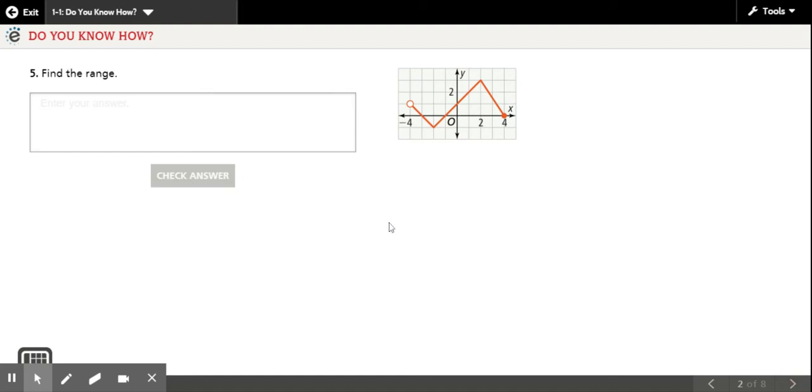Find the range. Well, it goes from the bottom, -1 of a y value, and the top would be a y value of 3. They're neither open circle or closed circles, so it's implied a closed circle on a line like that, right?